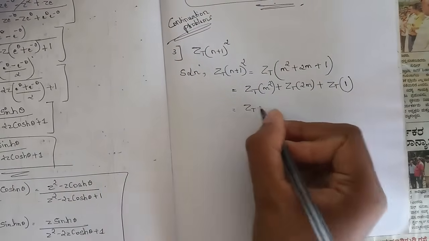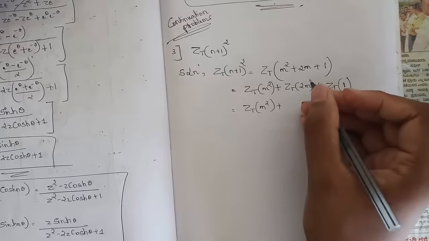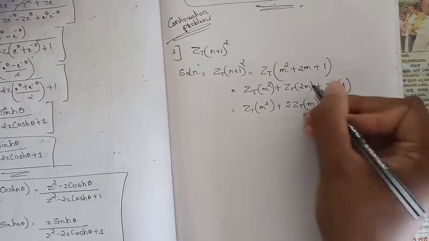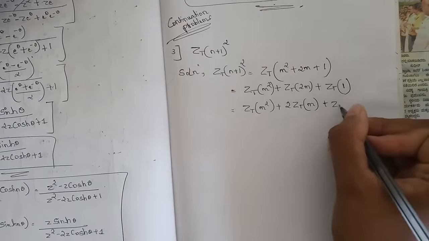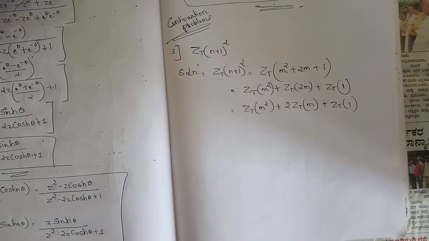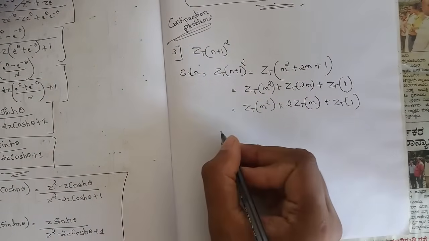Now, in the Z transform of n square plus this 2, 2 is a constant, right? So the constant term we can take outside, and we can write it as 2 into the Z transform of n plus the Z transform of 1. We know that the linear property says this.